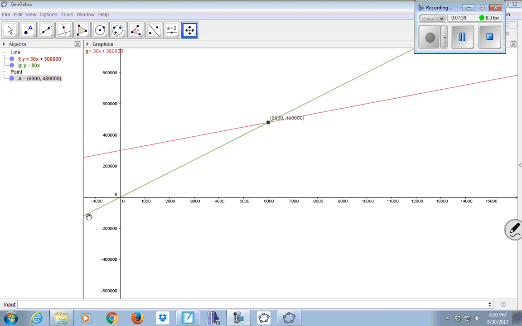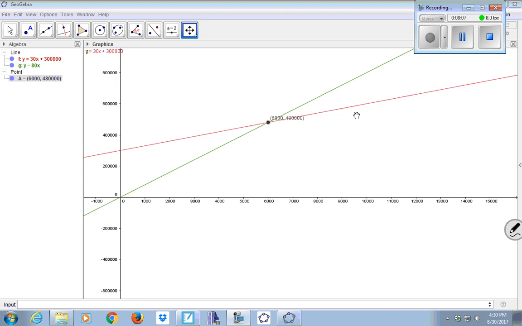And then the revenue starts at 0, since we take in no money if we produce no shoes. And it starts to increase at a steeper rate until we get to our intersection point, 6,000, 480,000.